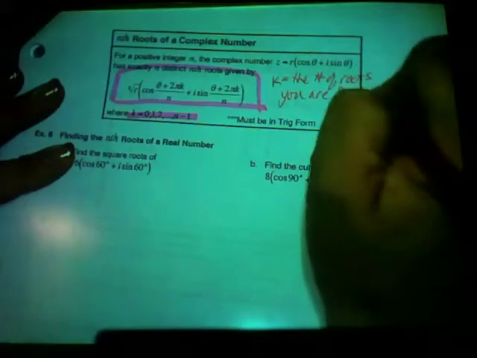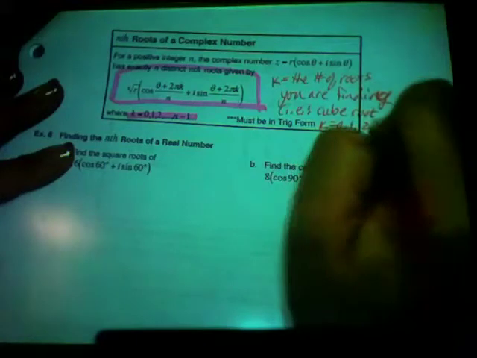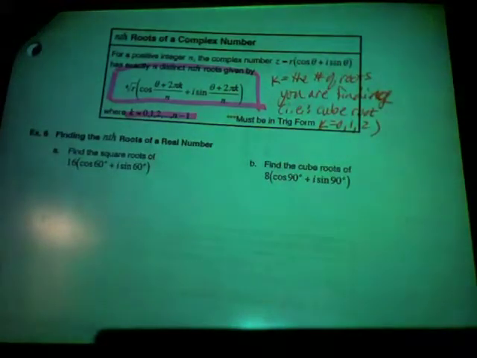For example, a cube root: k would equal 0, 1, and 2, because we need 3 cases for a cube root.